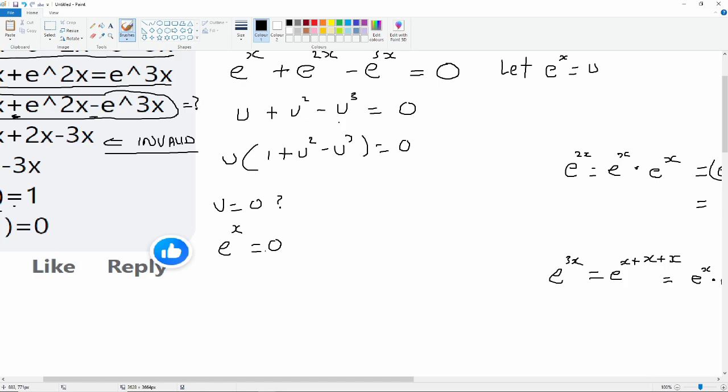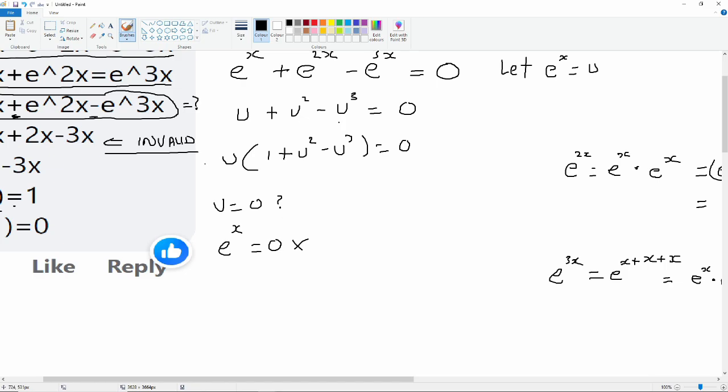Well, the answer is no. Remember, e is a constant, it's not a variable, it's equal to 2.7 something, so 2.7 raised to the power of something will never come to 0. No matter how many times you multiply 2.7 by itself, it's never going to come to 0. The only way to get it to 0 would be to multiply by 0, and 2.7 is not 0. So e to the power x equals 0 is not a solution. This is not possible.